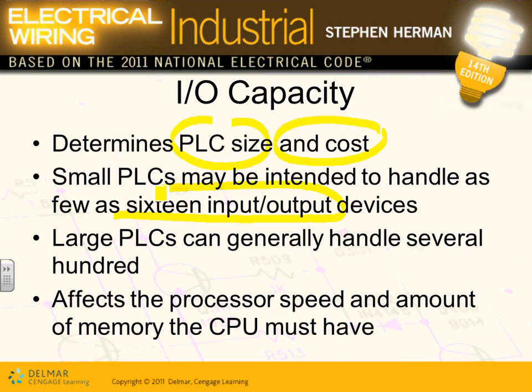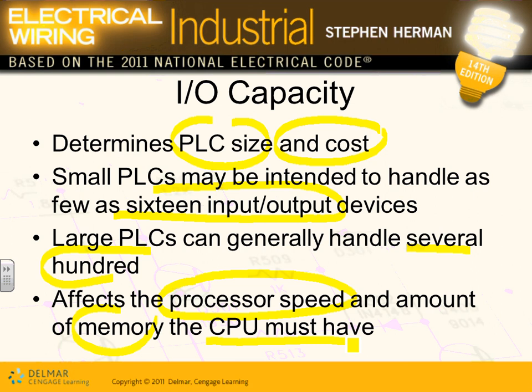Large PLCs have, like I said, several hundreds of input-output devices. And of course, the more input-output devices you have, the more processor speed you need. The more you have to put into the computer, it will affect the speed, but computers are very, very fast now. They can handle a lot of stuff. And of course you need memory in the CPU.